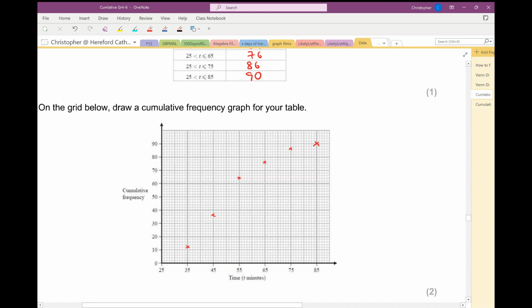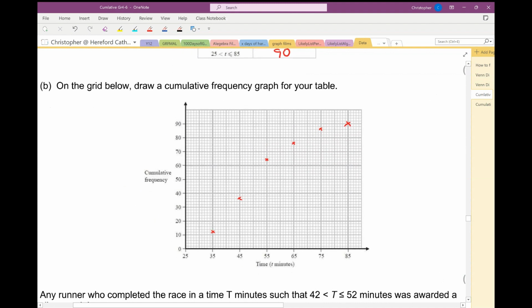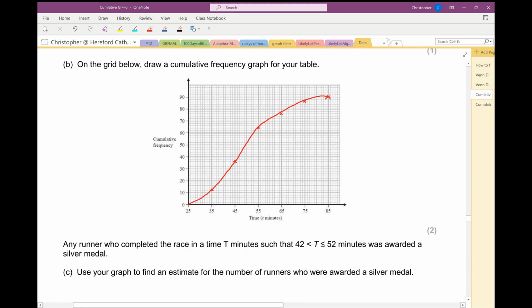Okay, so I've plotted my points and now I'm going to complete my cumulative frequency graph by drawing a smooth curve through the points. Okay, any runner who completed the race in a time t minutes such that t is between 42 and 52 was awarded a silver medal.